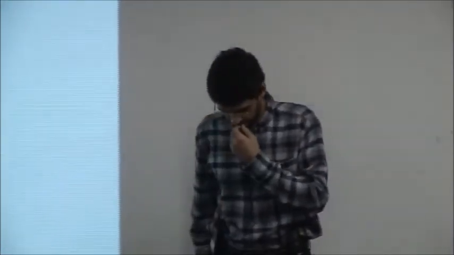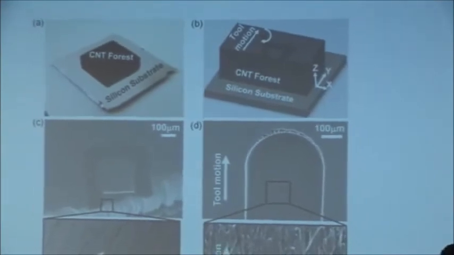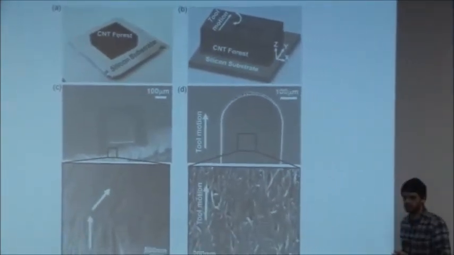Now, one of the things, Ken's postdoc, one day we were chatting, and he said, I want to bend these nanotubes. Without trying to carve the forest, I just want to bring the tip of this micromachining system that I have. I want to push these nanotubes and see if I can change their direction. I said, sure, that sounds quite interesting.